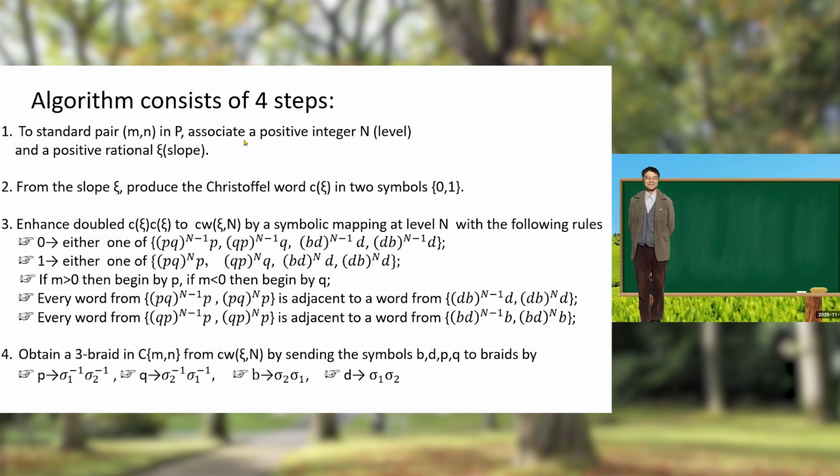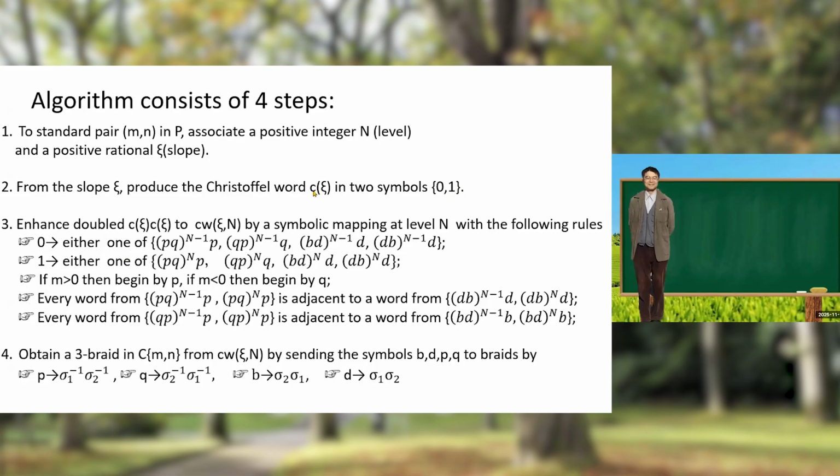But it looks easier this way. So first, for a given standard pair m and n in P, we associate a positive integer, the level n, and a positive rational number called the slope xi. Then from the slope xi, we produce the so-called Christoffel word, a 0-1 sequence, which I will explain briefly on the next sheet.